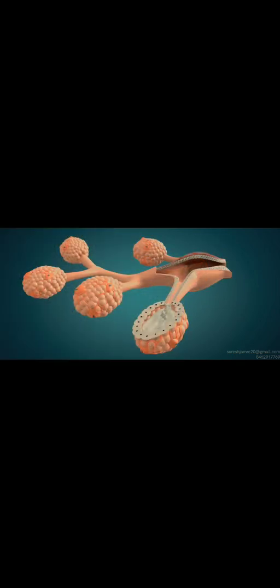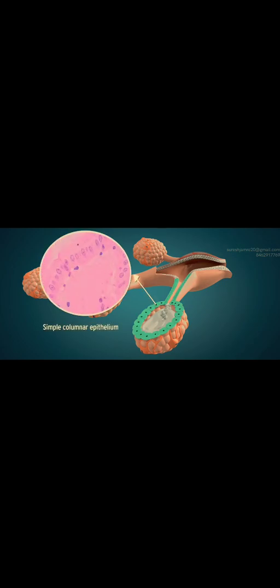The epithelium of the alveoli varies depending upon the activity of the mammary gland. Alveoli are lined by simple cuboidal epithelium in the resting phase. When they are active during lactation, they are lined by simple columnar epithelium.